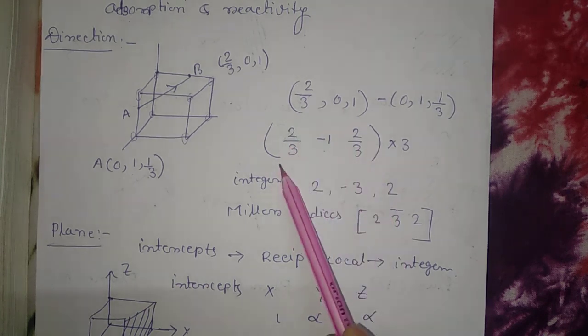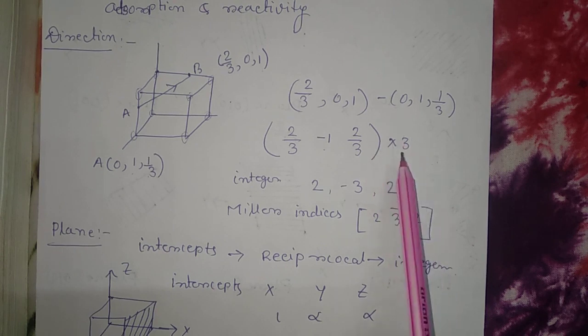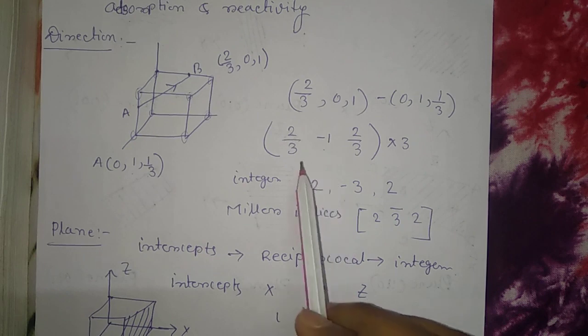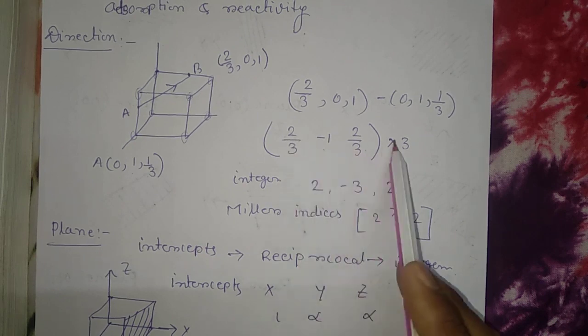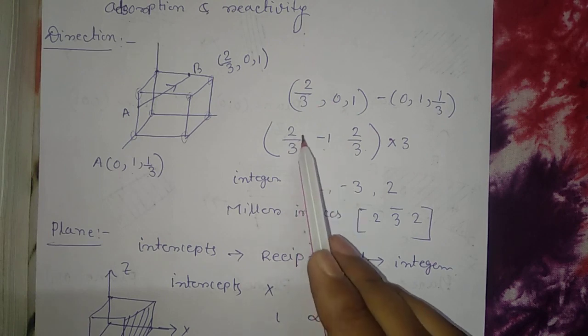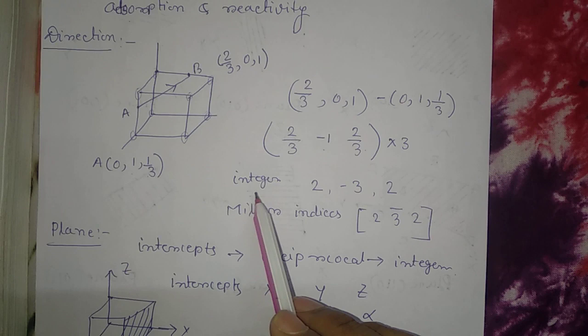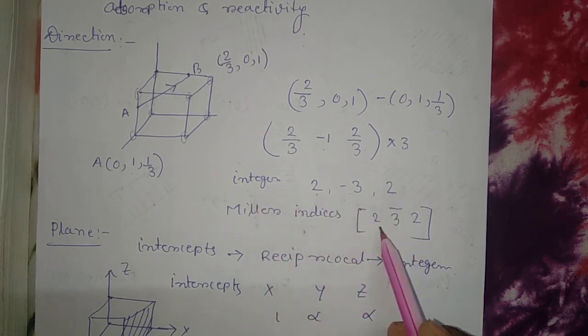You have to convert into whole numbers by multiplying with the LCM. In the denominator the number is 3, so the LCM will be 3. So 2/3 into 3, minus 1 into 3, and 2/3 into 3, the integers will be 2, minus 3, 2. So the Miller indices will be 2, minus 3, 2.